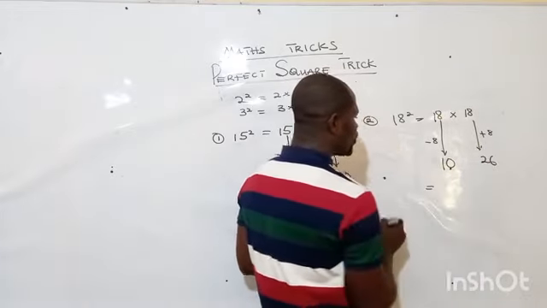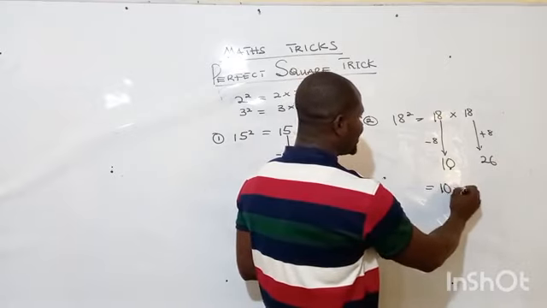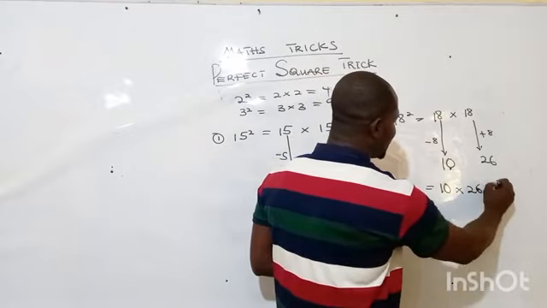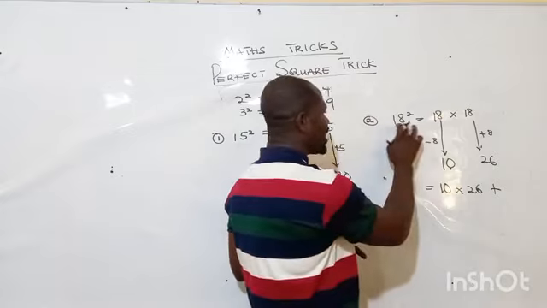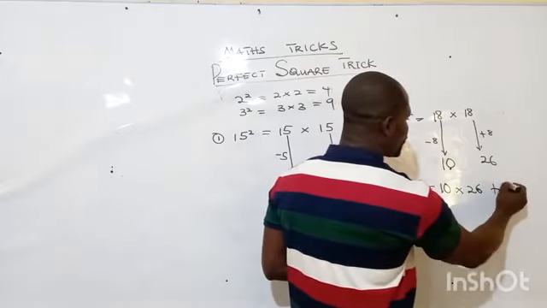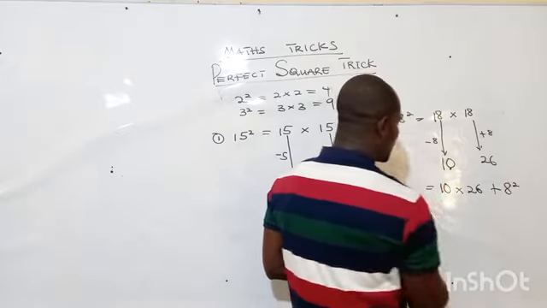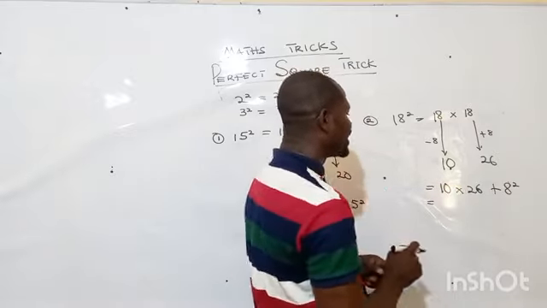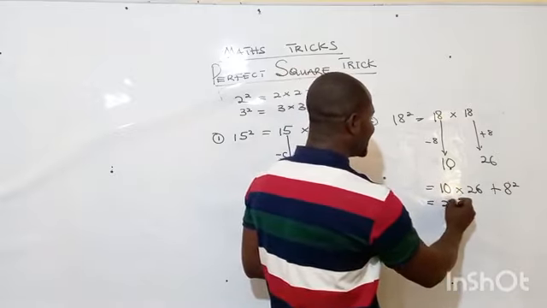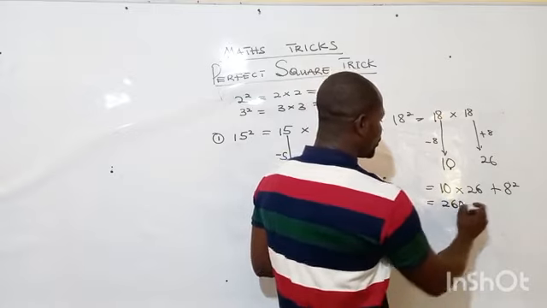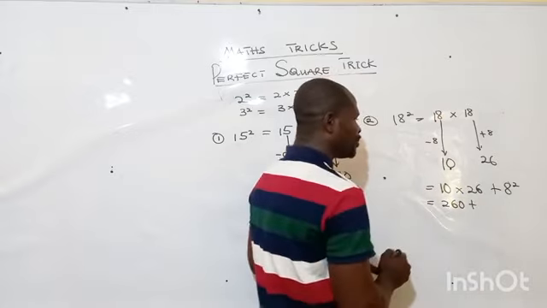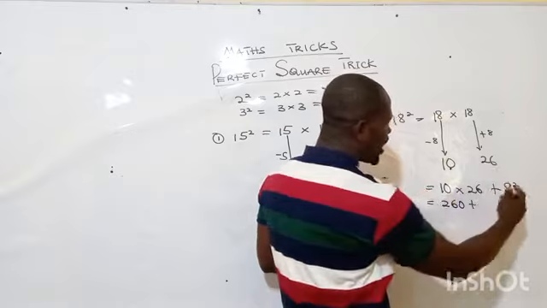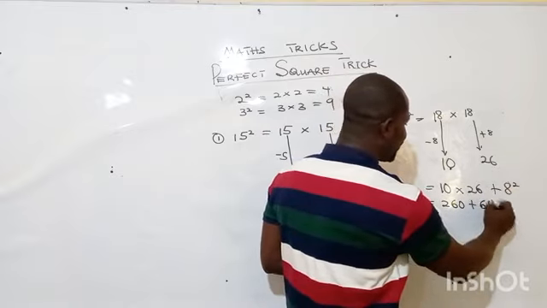So now this is what you have. You have 10 times 26 plus the last number, which is 8. So we find the square of 8. So 10 times 26 will give us 260. So 260 plus 8 squared, which is 64.